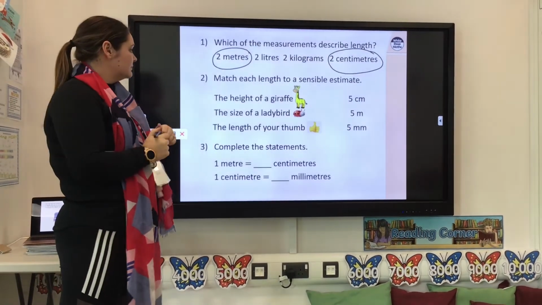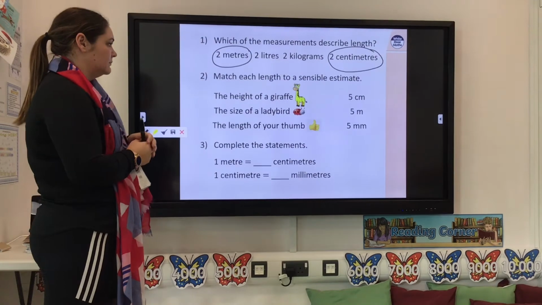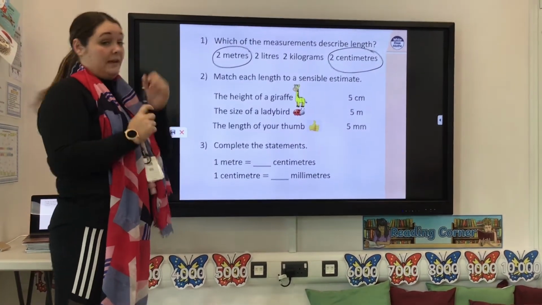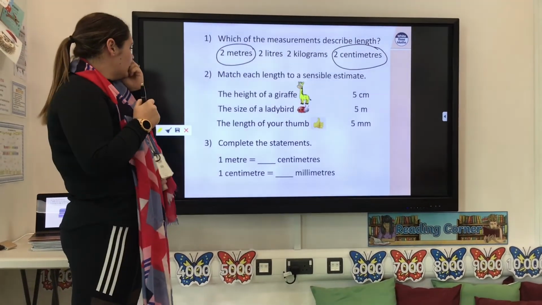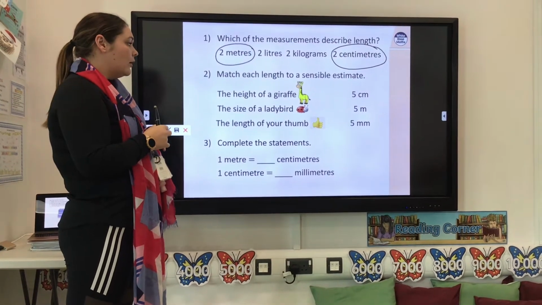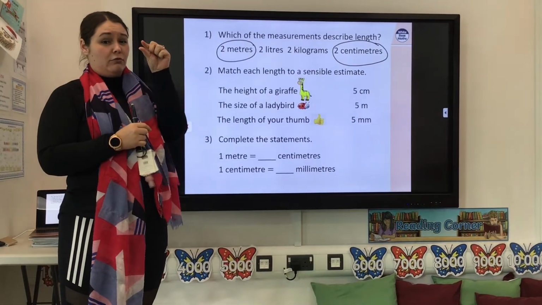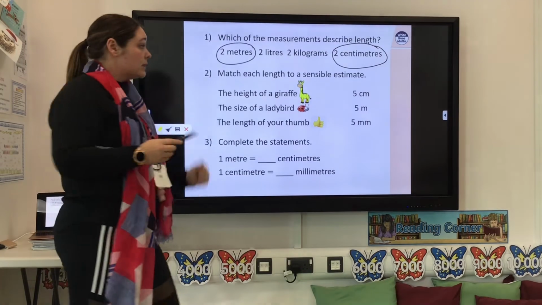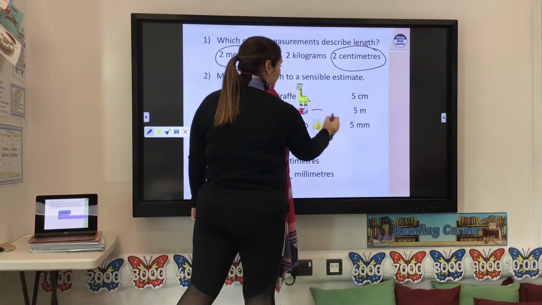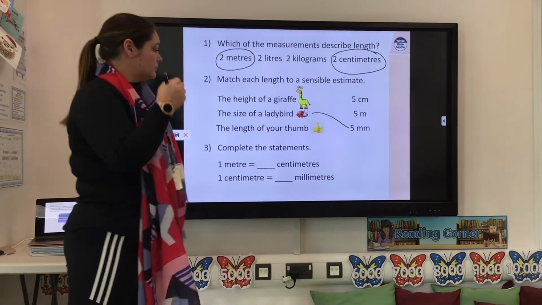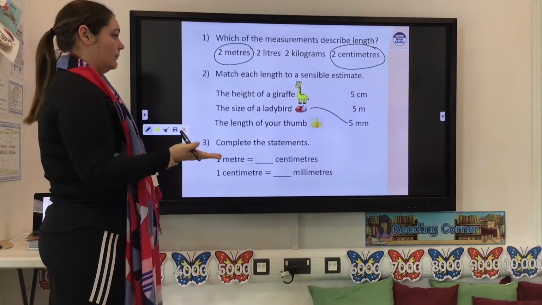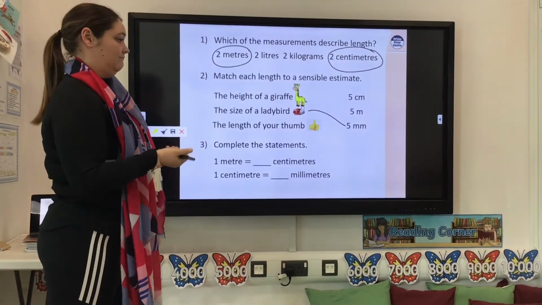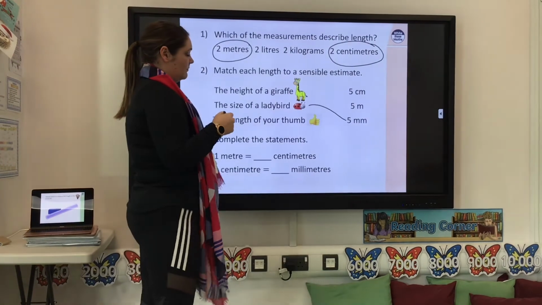Okay, well, the size of a ladybird has got to be the smallest because that's really tiny. Oh, I think so as well. So which one of those measurements, Miss McCartney, is the smallest? Oh, now I know that centimetres are quite small because I see them on the ruler, but millimetres are even smaller. So I'm going to say the ladybird is 5 millimetres. Now, the height of the giraffe has got to be the biggest because I know that's definitely bigger than my thumb. So which one out of 5 centimetres or 5 metres is the biggest?